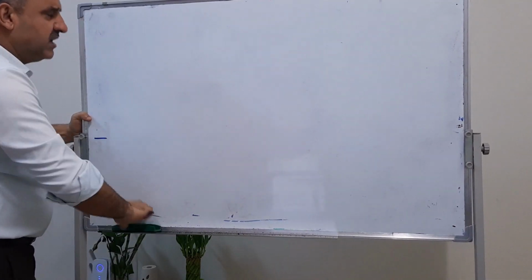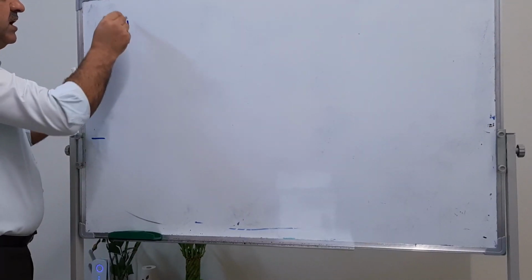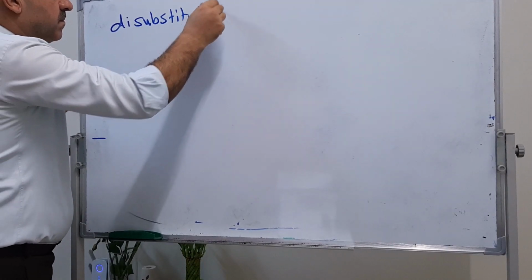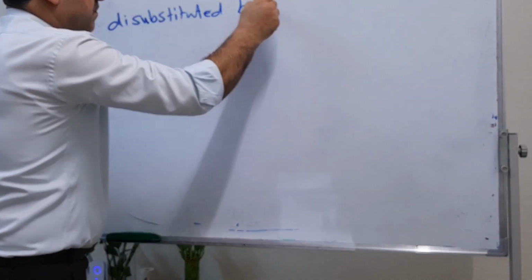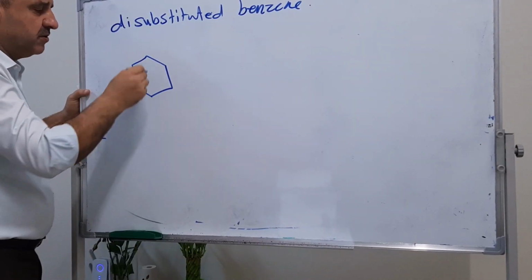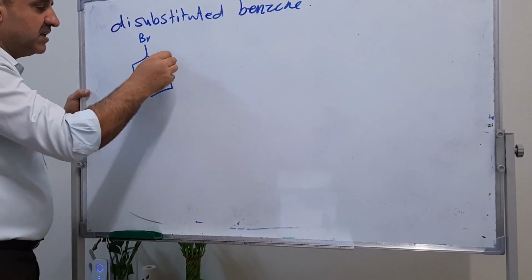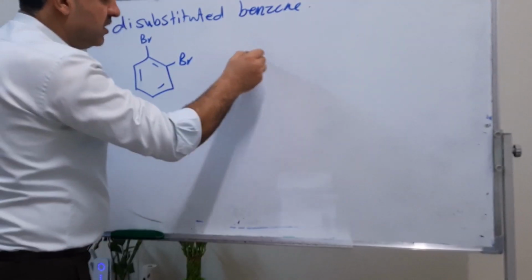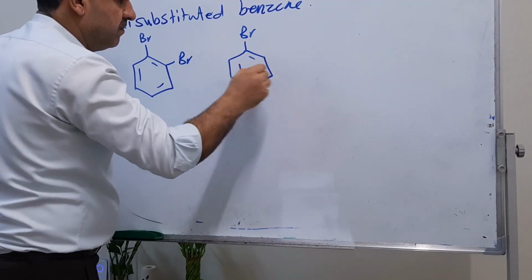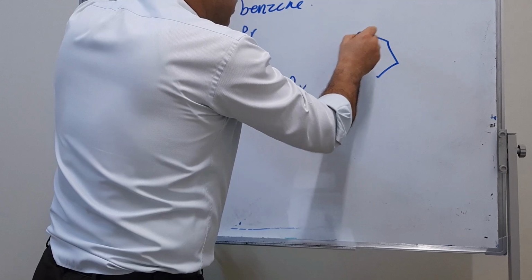For disubstituted benzene, we have three possibilities for the two substituents on the benzene system: either beside each other, or at 3 carbons distance from each other, or at 4 carbons distance from each other.